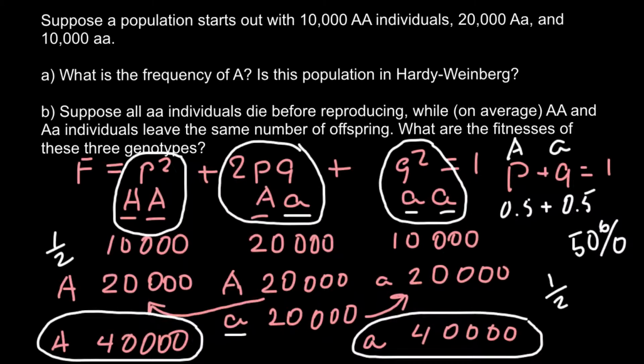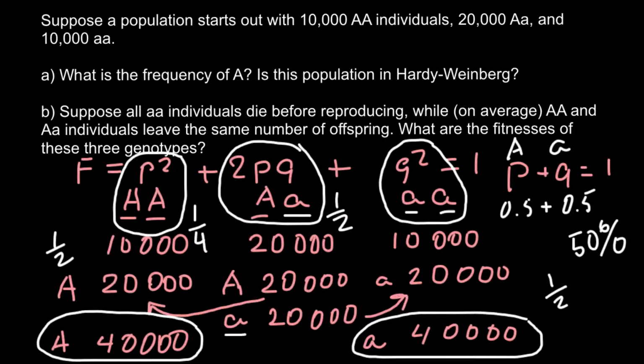This is going to be the frequency of this genotype. The frequency of the heterozygous genotype would be p multiplied by q and multiplied by 2. So 0.5 times 0.5 is 0.25, and multiplied by 2 would be 0.5 or 1/2.